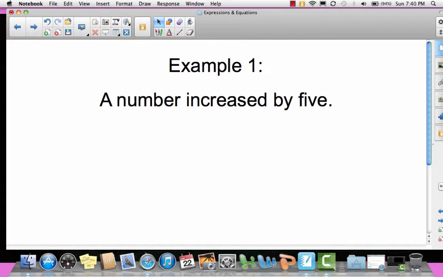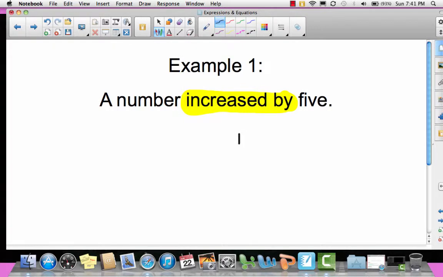Welcome back. So we are going to take each of these sentences and write them as an expression. And the way I'm going to start is I'm going to get my highlighter up here, and we're going to find our keywords out of our table. And in this sentence, a number increased by 5, I see the words increased by. And I know that those are my keywords that give me my operation, and that operation is addition.